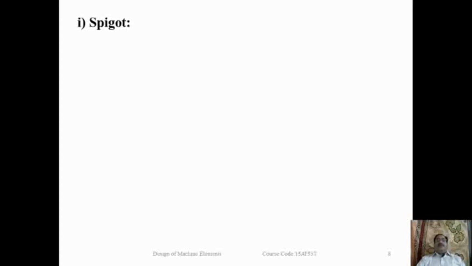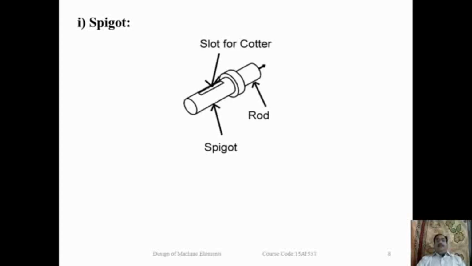So the first one is the spigot. This is the figure of the spigot. Here this is the slot for the cotter. This is the spigot, here the rod is there, and this is the collar of the spigot. It is the male part of the cotter joint.